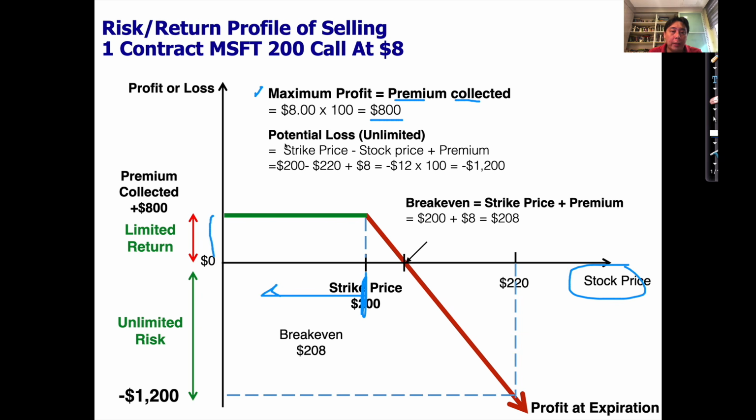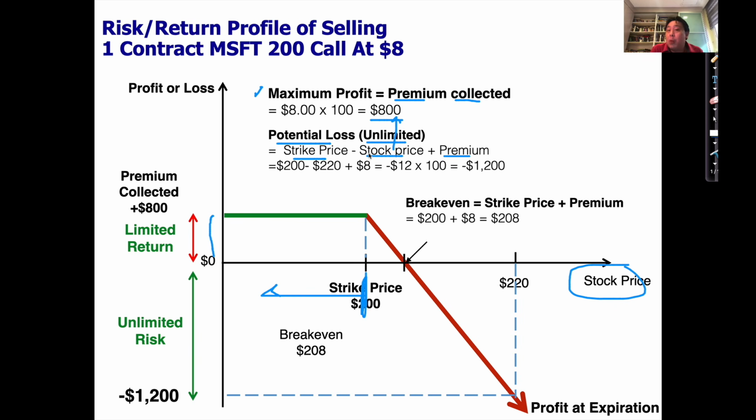So what is the potential loss if you sell it naked? So the potential loss would be the strike price, which in this case is $200, minus the stock price, where it goes to, plus the premium. So you can see that the higher the stock price goes, the more money you will lose on this. Because strike price minus the higher stock price, the higher it goes, the bigger the loss.